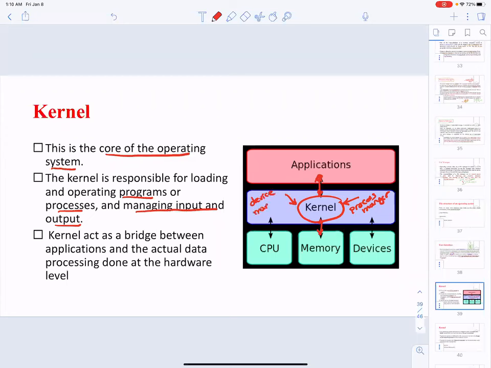We can also see the memory manager. And then the file manager is considered a different component, not part of the kernel. The kernel acts as the bridge between applications and the actual data processing, which is done at the hardware level.